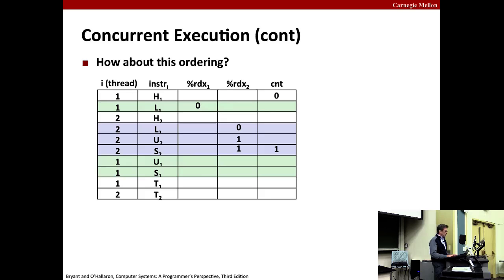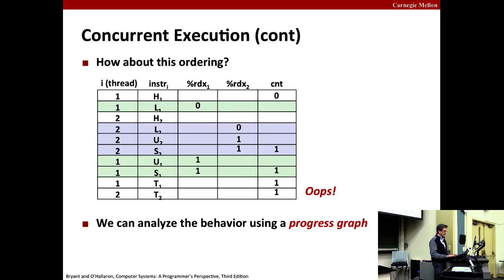When thread 1 resumes, it updates its value of count in RDX and stores that back to count. And so again, we have the same problem. The problem here is that we're interleaving these critical sections. And you can understand why this is bad with a nice graphical technique called a progress graph.